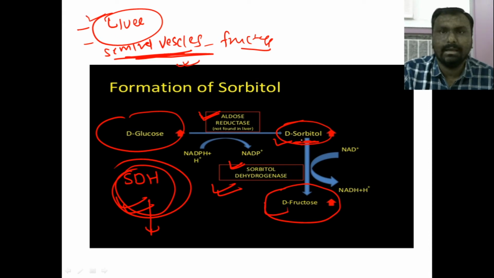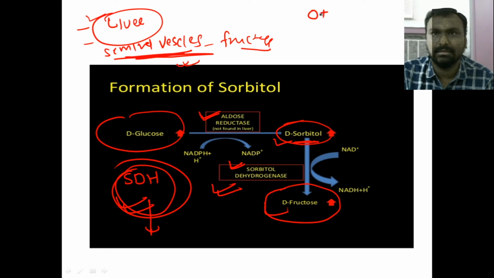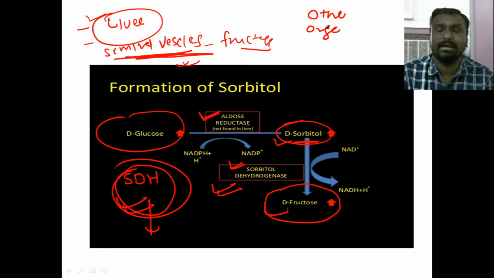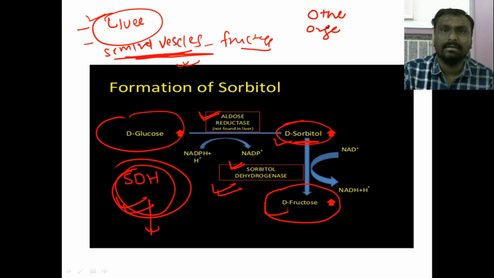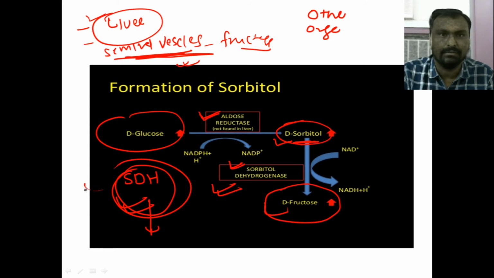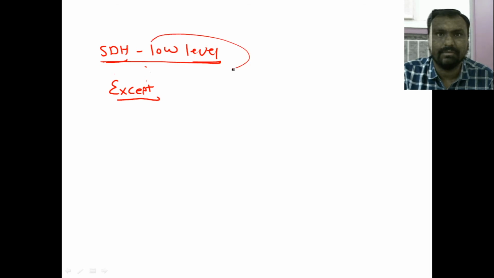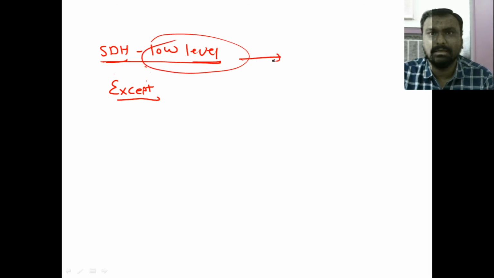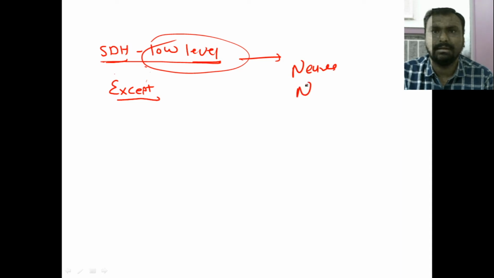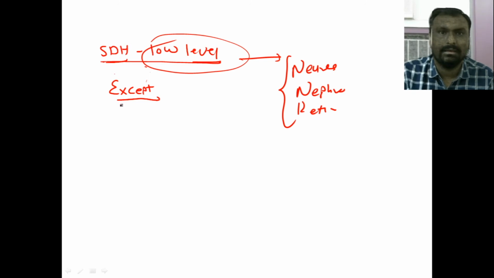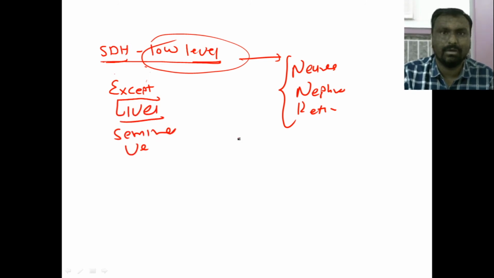In other organs like the retina, neurons or nephrons, there is very low activity of sorbitol dehydrogenase. So what will happen? Sorbitol will accumulate. Sorbitol dehydrogenase is very low in neurons, nephrons and retina, while it is present in the liver and seminal vesicles.